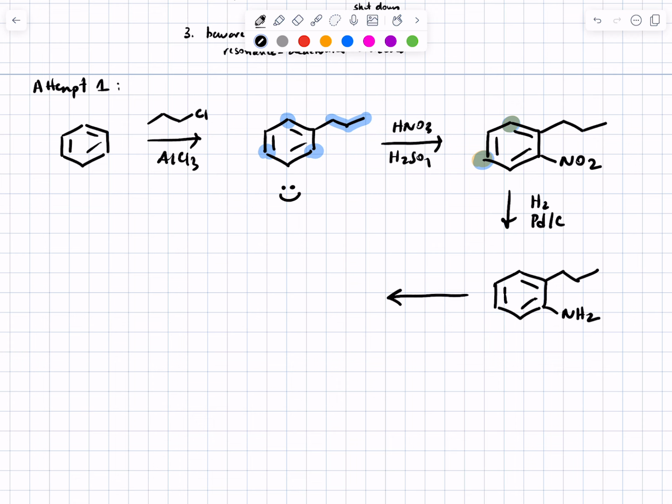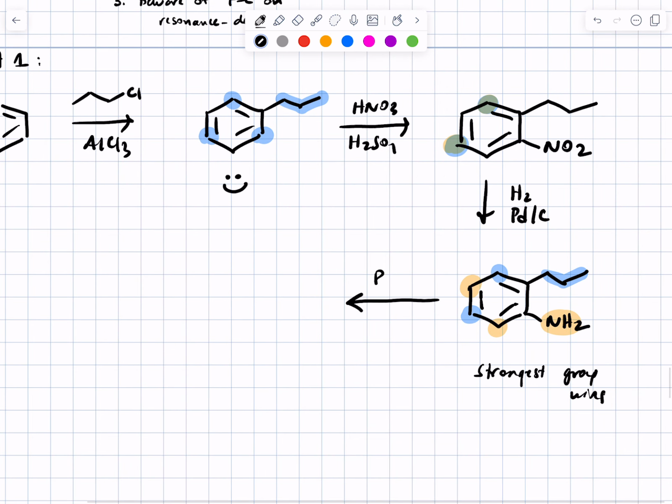Now let's look at the preferences. I just switched the nitro group from being a meta director; now it's an aniline, an ortho para director, versus the alkyl group, which is also an ortho para director. Strongest donating group wins. So then what?